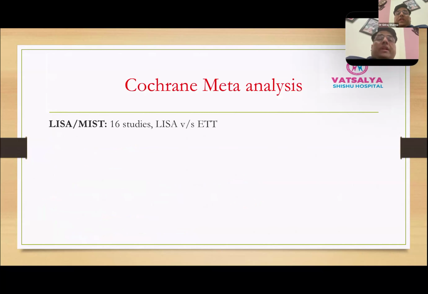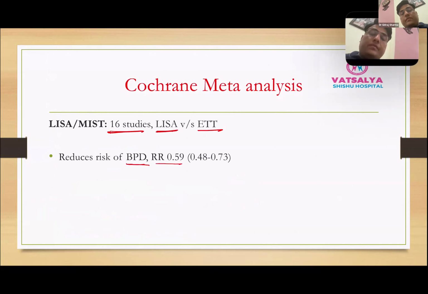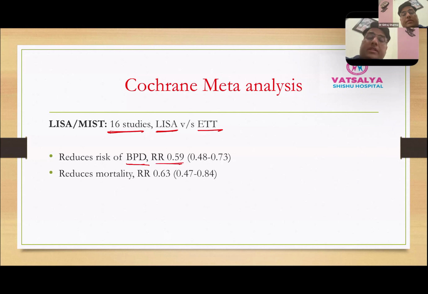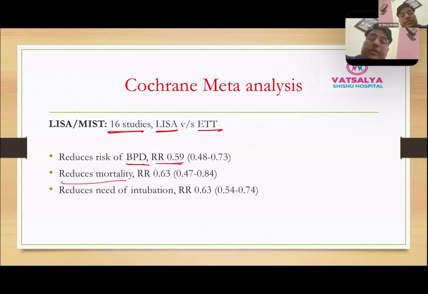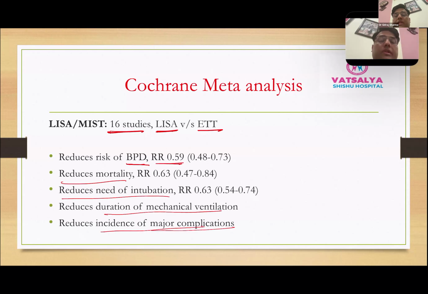Now coming to the Cochrane meta-analysis. The Cochrane meta-analysis included 16 trials that compared LISA versus intubation methods. And Cochrane finally found that the LISA method reduces risk of BPD, reduces mortality, reduces need of intubation, reduces duration of mechanical ventilation, and reduces other major complications like pneumothorax and IVH.